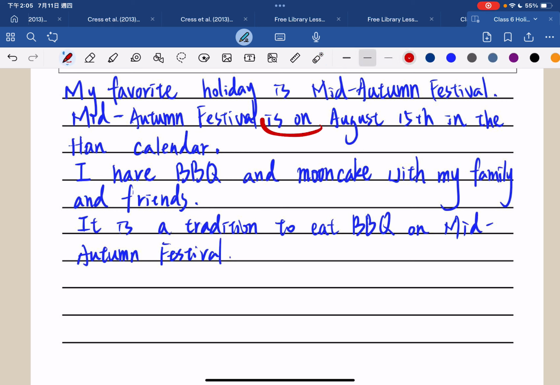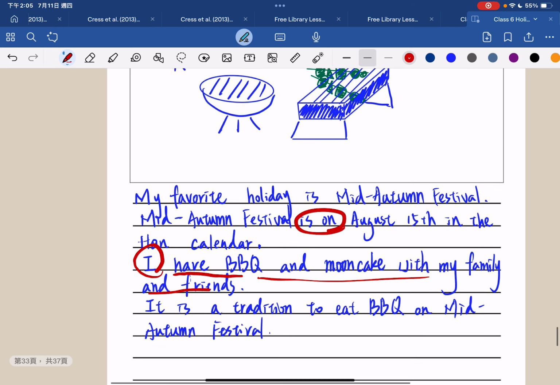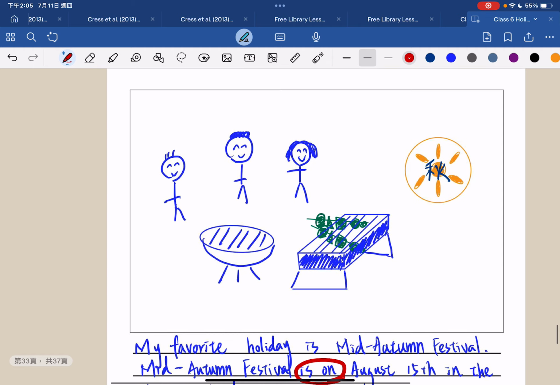Mid-Autumn Festival is on August 15th, and it's on a different calendar, the Han calendar, or you might have also heard of the Chinese calendar. Right. Use your creativity and be creative. Draw something here to help you explain to your groupmate.